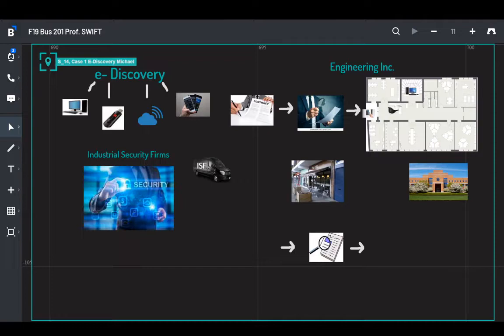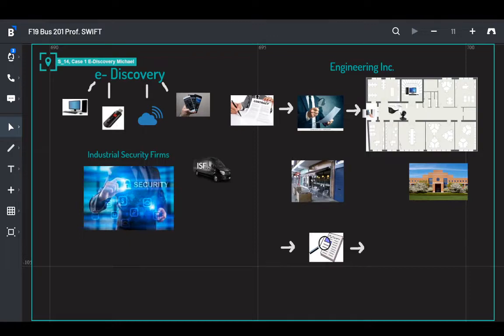The first one was that the industrial security firm installed a camera facing the central computer to catch the suspicious activity in the act. The ISF also implemented an employee login on the central computer system, indicating who was on the computer and at what times and what files they were accessing.